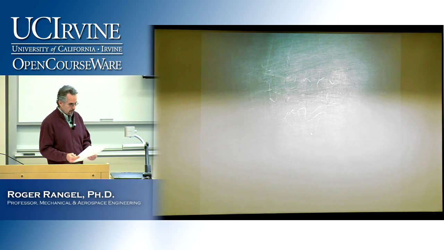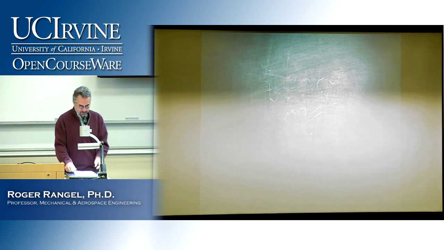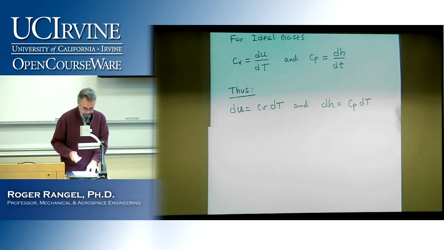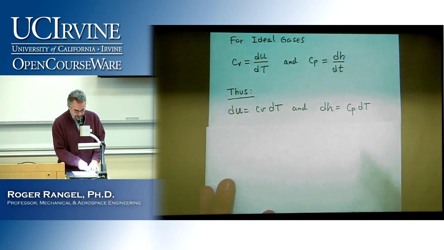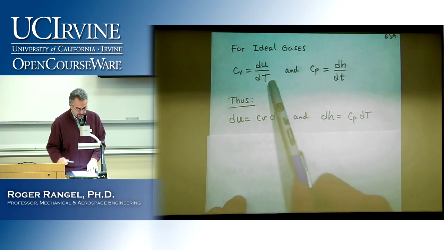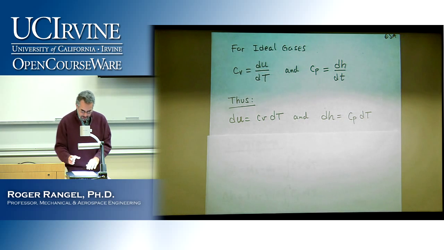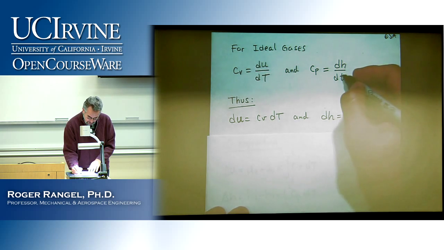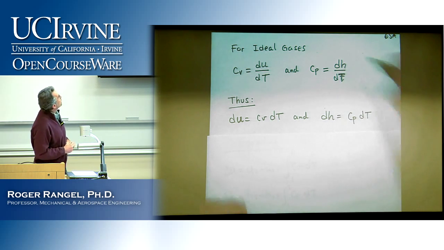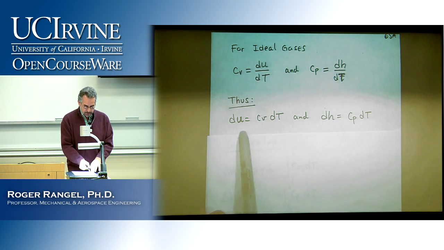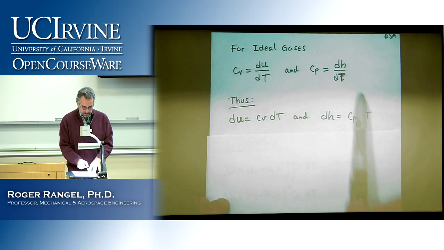Now, this first part is just a repeat, so you probably don't need to write this down. We already wrote this. We know that Cv is dU/dT and Cp is dH/dT. There is a typo here; this is a capital T, right? And as we wrote before, if we solve for dU or dH, we can write this.